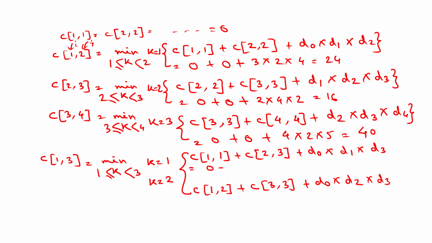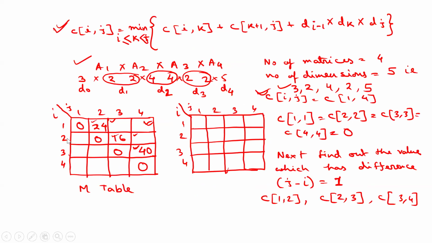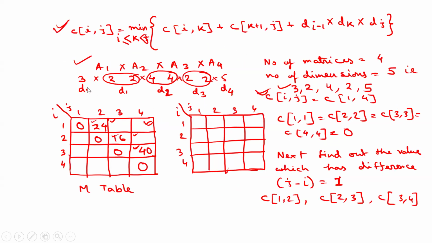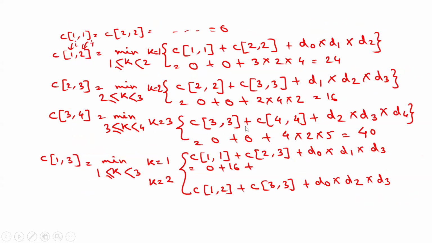Okay, so just calculate it. C11 is 0 plus C23. Check the table and find the value of C23. So C23 is 16. So put the value 16 here, plus what is the value of d0, d1 and d3? So d0 is 3, d1 is 2 and d3 is also 2.